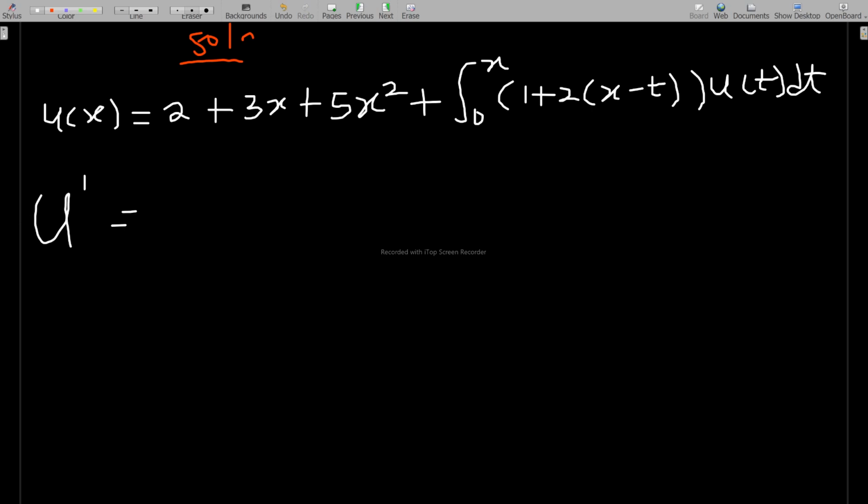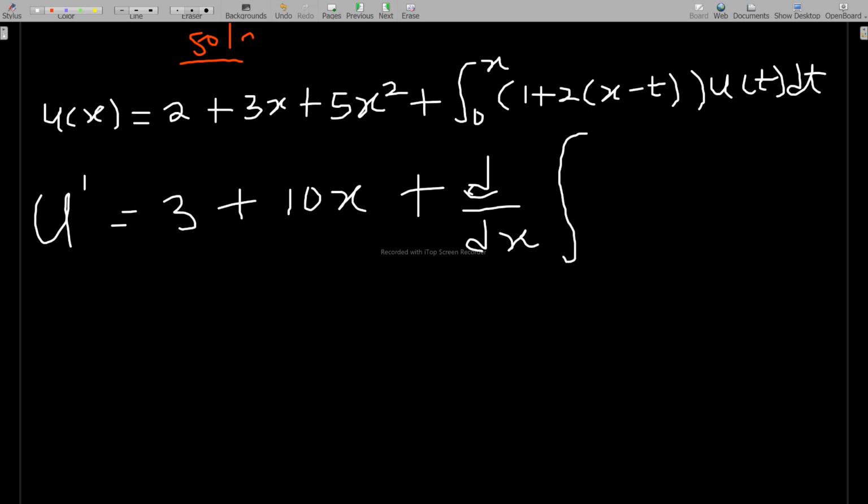Then you differentiate 3x, you get 3, plus the differential of 5x squared, that will give me 10x, plus d/dx of the whole of this integral, from 0 to x of 1 plus 2 times x minus t, then u of t dt.